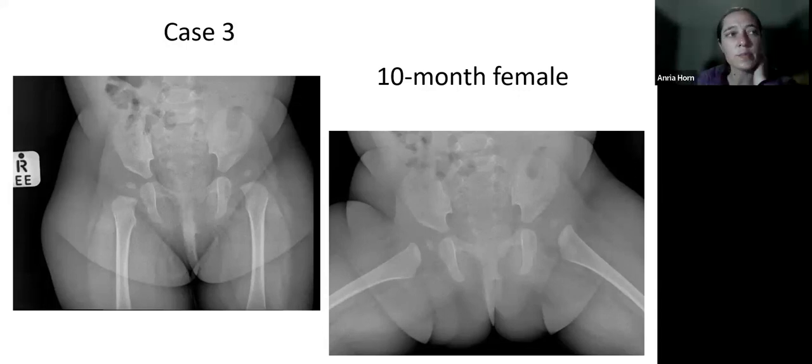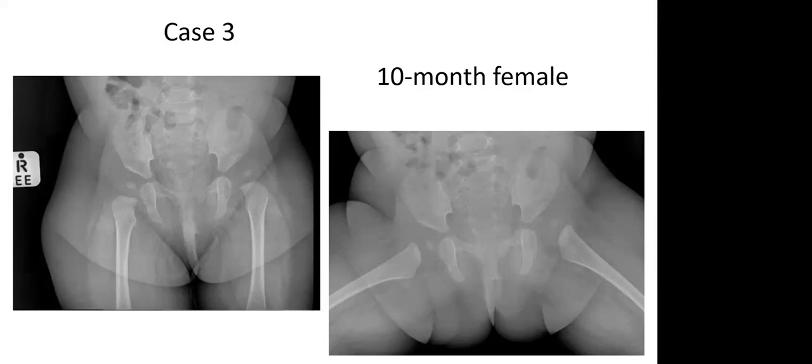And is there any surgical procedure that you would combine with the closed reduction? So you can do an arthrogram. It's not a surgical procedure as such, but it's also of prognostic value.